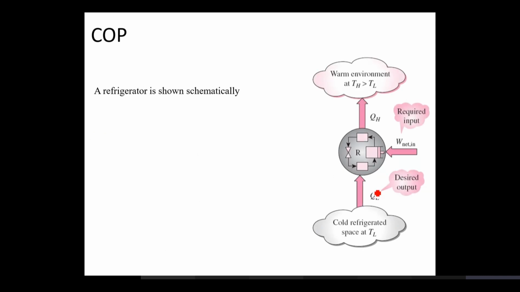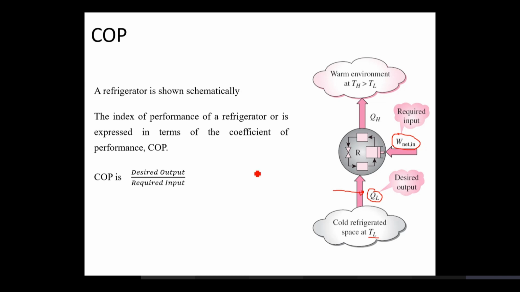Your desired output, what you require, is essentially QL, which is the heat taken out of a cold refrigerated space, or the heat taken out of a low temperature reservoir. This is the desired output in a refrigerator, and in order to achieve the task, we need to have a net work input into the system in order to run the compressor. Based on this, we defined the coefficient of performance.